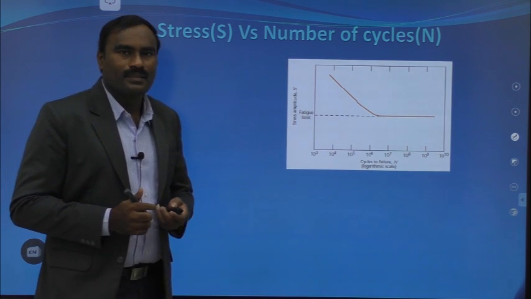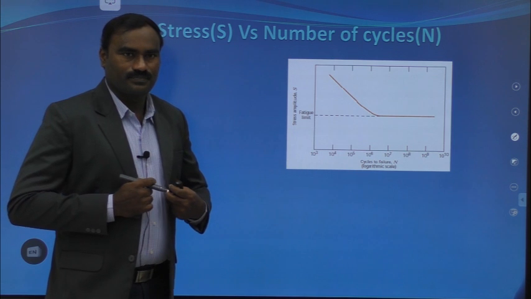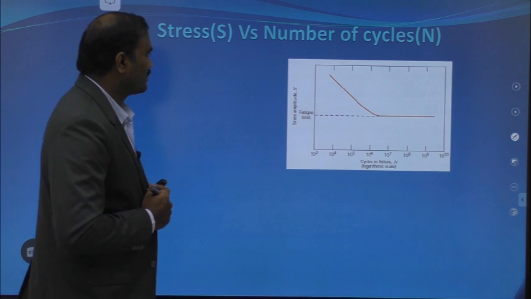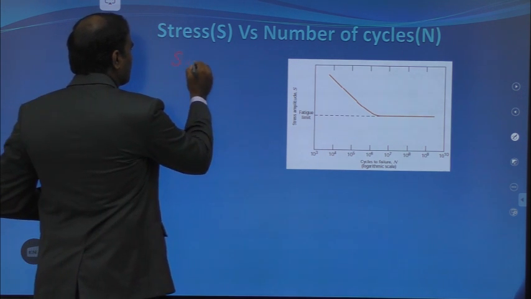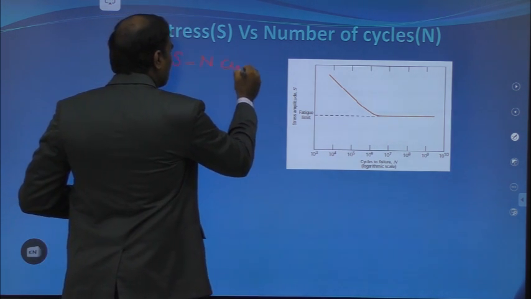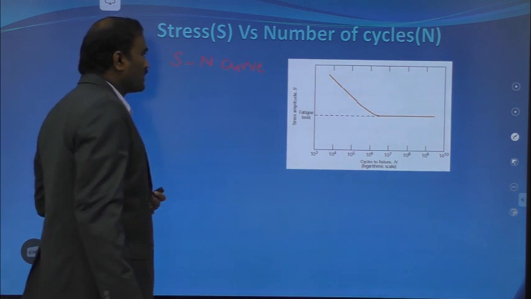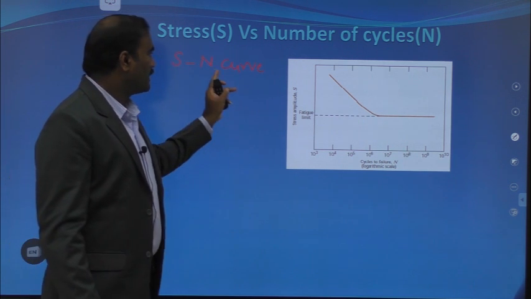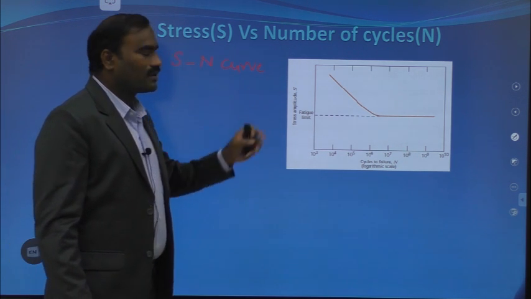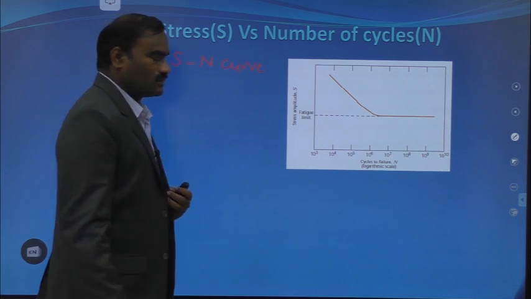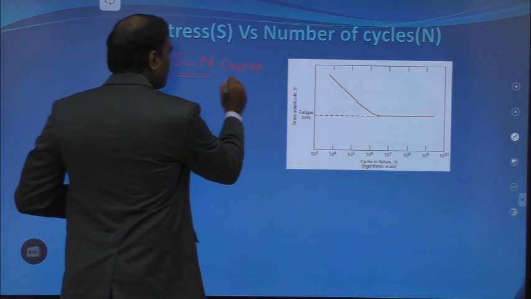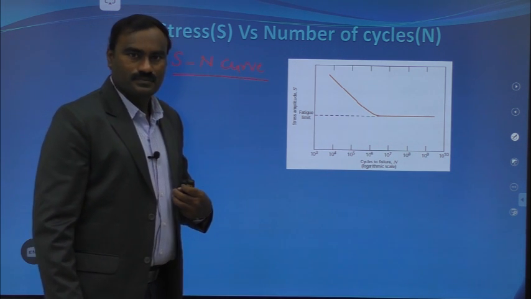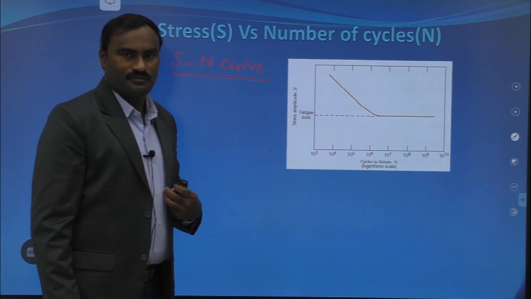So for fatigue fracture, we have a curve called the SN curve, where S is the stress value and N is the number of cycles. This SN curve gives us information about the fatigue failure.